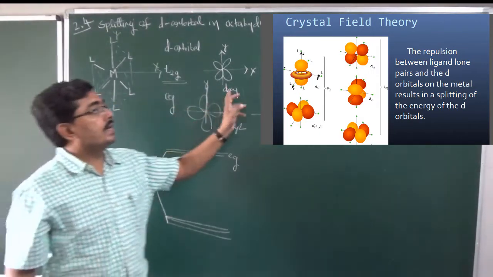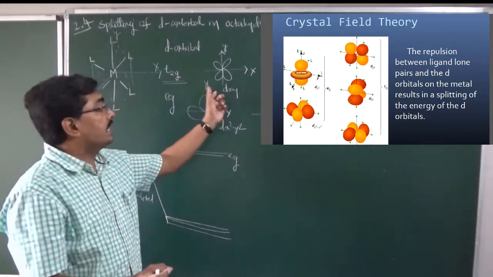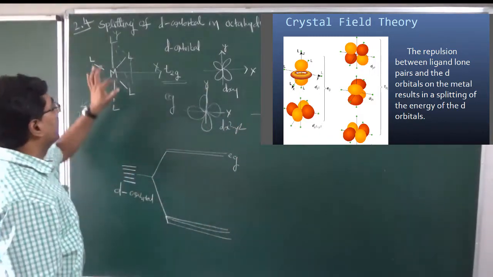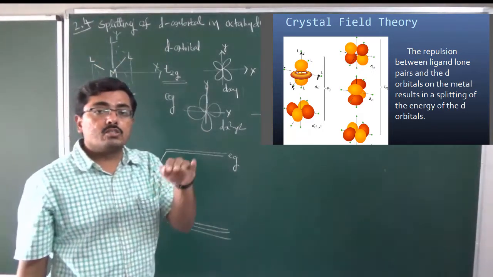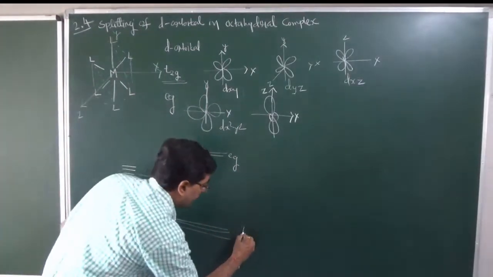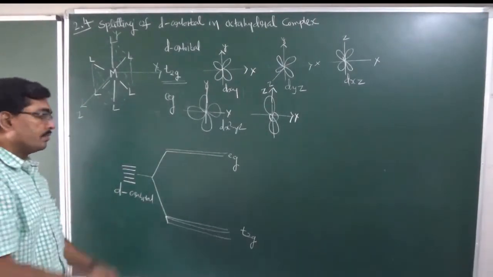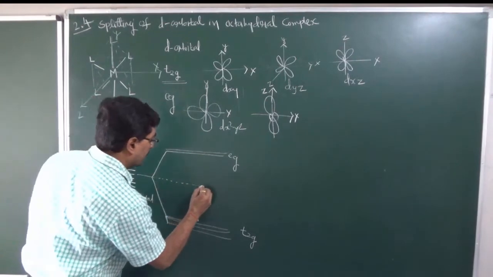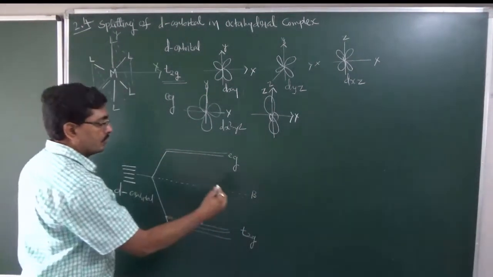The electrons present in the T2g orbitals have less interaction with the electrons of the ligand, therefore the average energy of these orbitals will decrease. So we can write that the T2g orbital energy is decreasing and the Eg orbital energy is increasing.